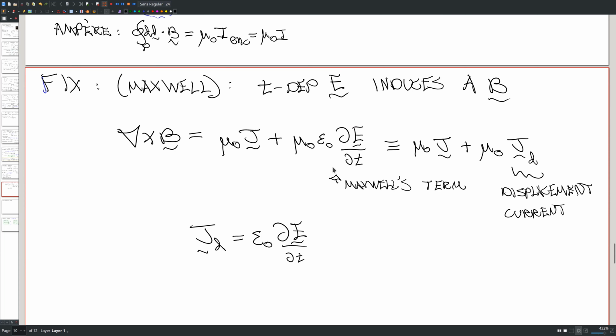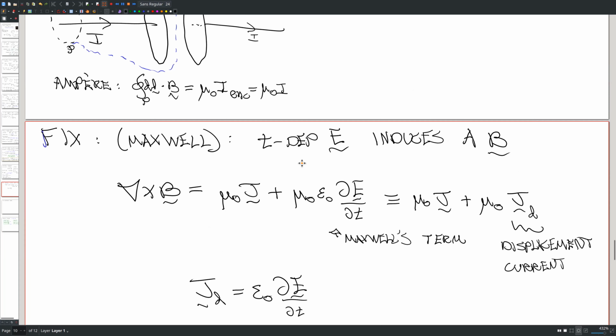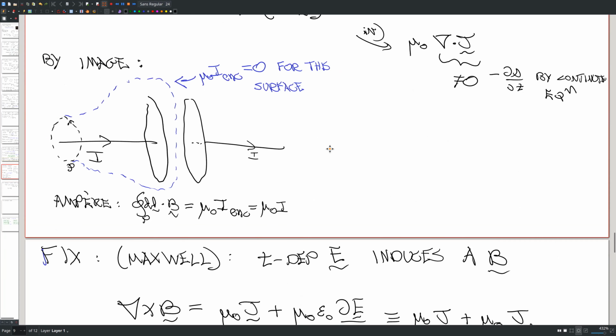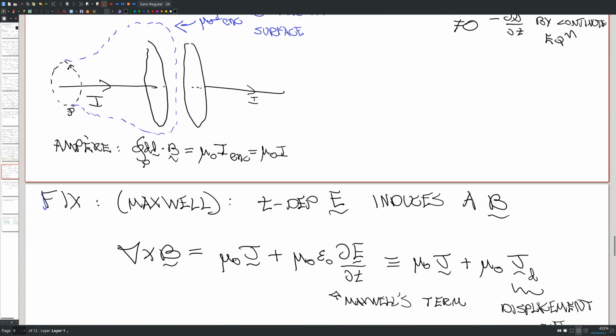And that fixes the problem that we have. The calculation is done in the notes, but I don't really have time to show it, but we can just talk about it. So what happens when there's current coming through here? There is charge accumulating on the plates. If I have two capacitor plates, there is an electric field between the two. Remember, I would just do my little Gaussian pillbox here.